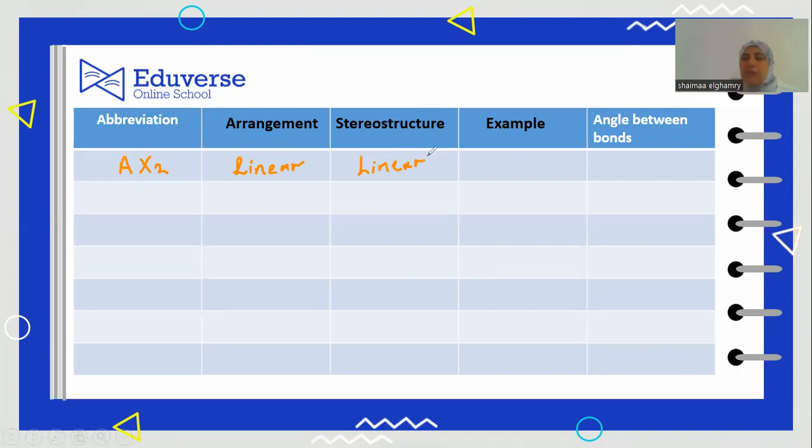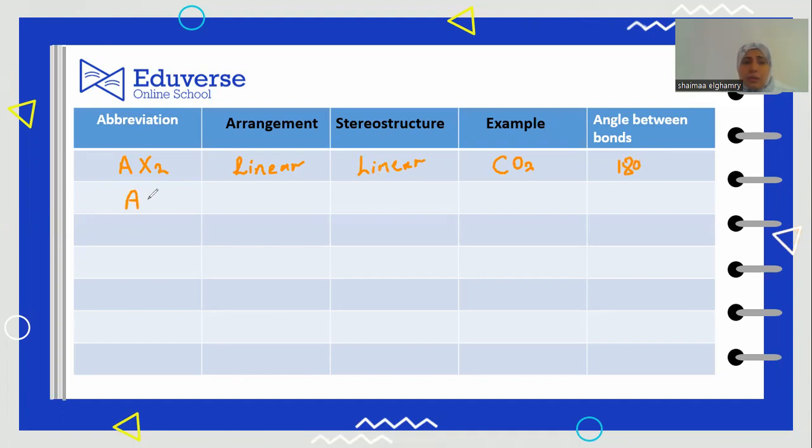If there are no free electrons or lone pairs of electrons, the arrangement will usually be the same as the stereostructure. Example, we can take carbon dioxide. Carbon dioxide, its abbreviation is AX2. Carbon doesn't carry any lone pair of electrons. The angle between the bonds is 180.